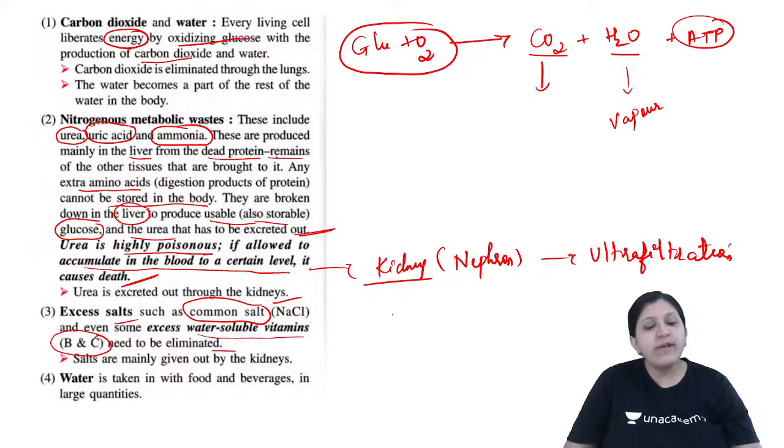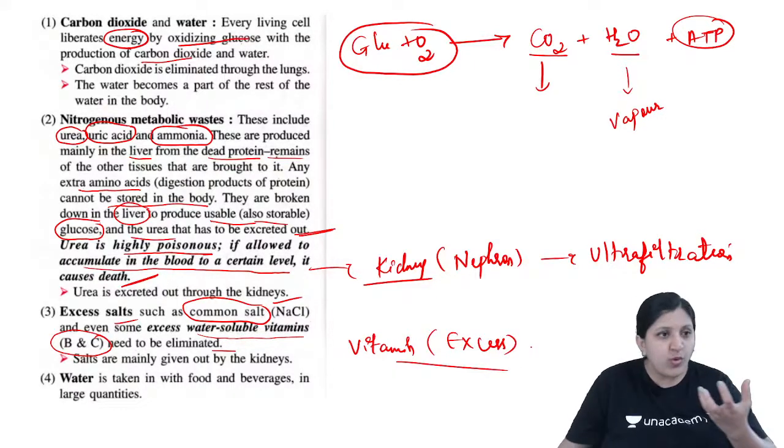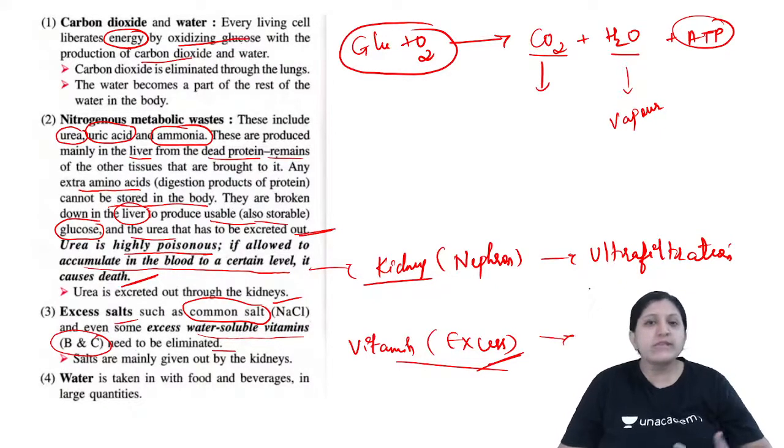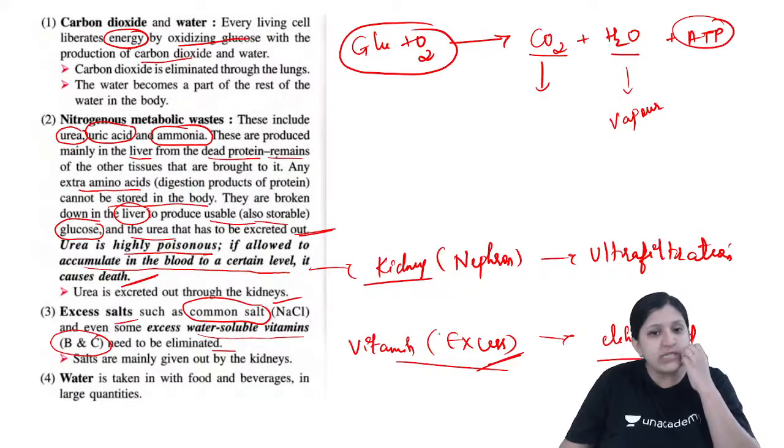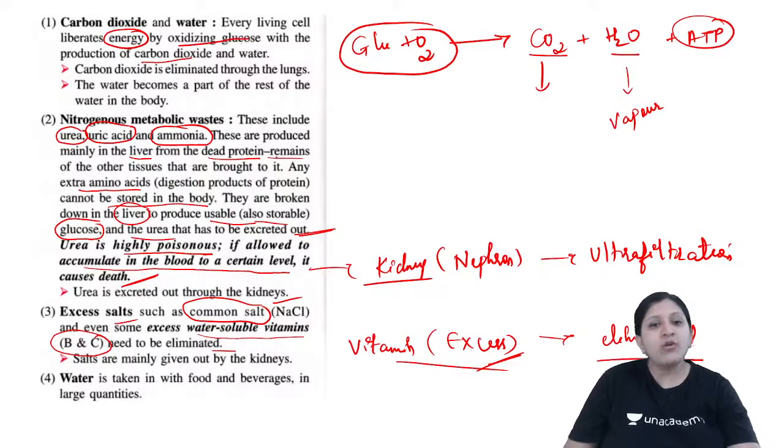Whatever is required, that amount will be used, and if you consume in excess, the excess amount of vitamin will get eliminated through the kidneys itself. So salts are mainly given out by the kidneys, and some vitamins also can be given out through the kidneys.